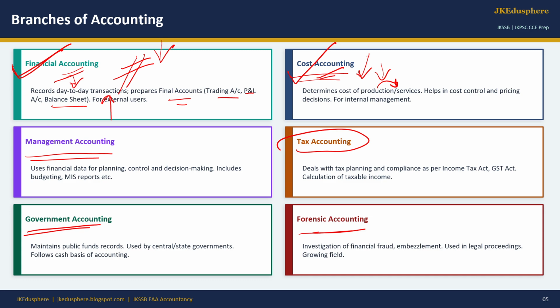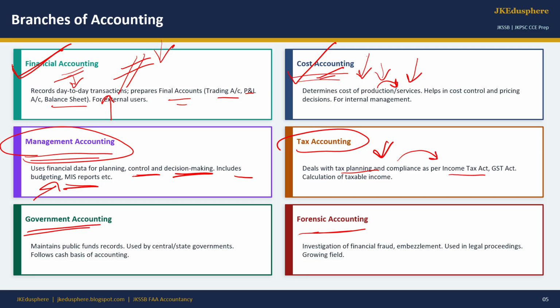For starting a business, we need to do cost accounting so that we can get an estimate of what amount of money is going to be used in the business. The next part is management accounting. We use financial data for planning, control and decision making. It includes MIS reports, etc. In tax accounting, we do tax planning.